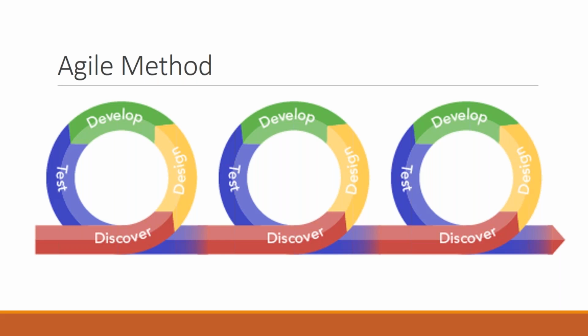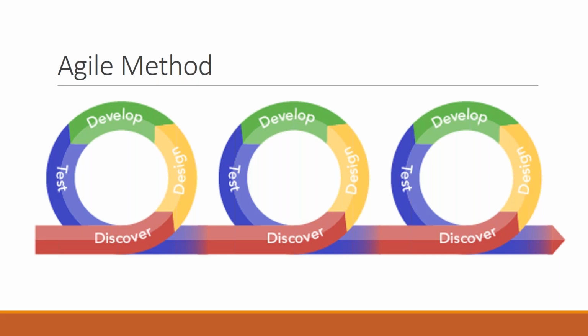I'll explain how. For example, let's consider the first drawback: the duration taken to develop your application is too high. So let's focus on Agile, and I'll explain how Agile is going to overcome that.